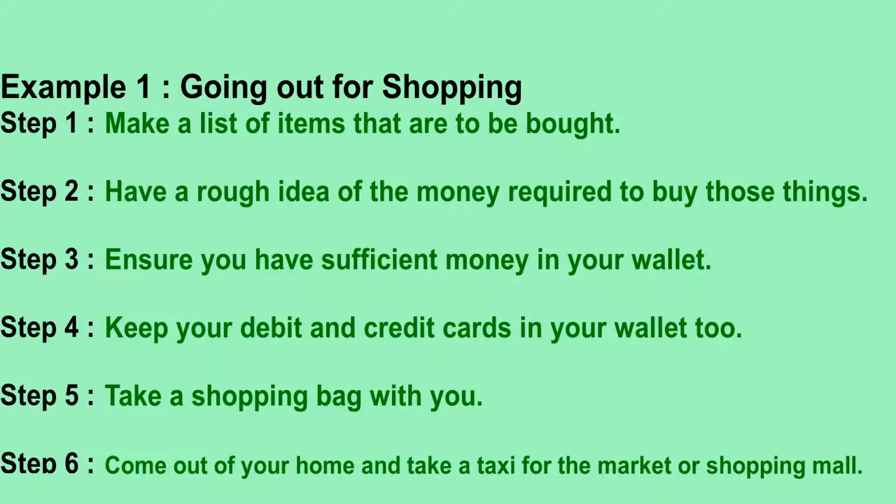Step 3. Ensure you have sufficient money in your wallet. Step 4. Keep your debit or credit cards in your wallet too. Step 5. Take a shopping bag with you. Step 6. Come out of your home and take a taxi for the market or a shopping mall.